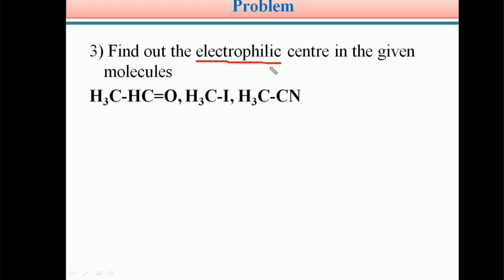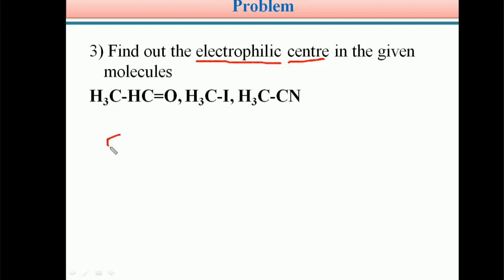Therefore, the molecule has an electron deficient portion. So the examiner asks us to identify the electron deficient portion, or electrophilic center, in the molecules. So students, first molecule: CH3CHO, acetaldehyde.